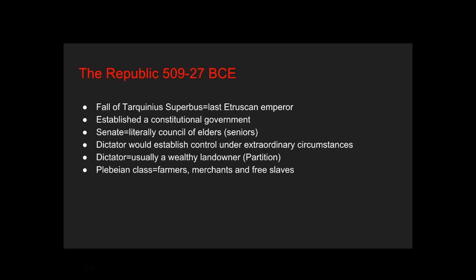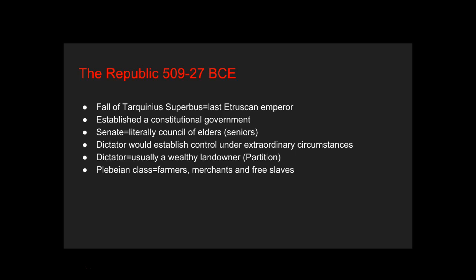And we've got a bit of a timeline here during the Roman Republic. Things to know: the Senate was literally a council of elders. The dictator would establish control under extraordinary circumstances.